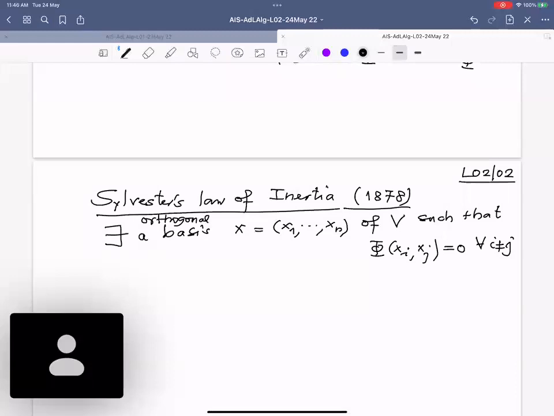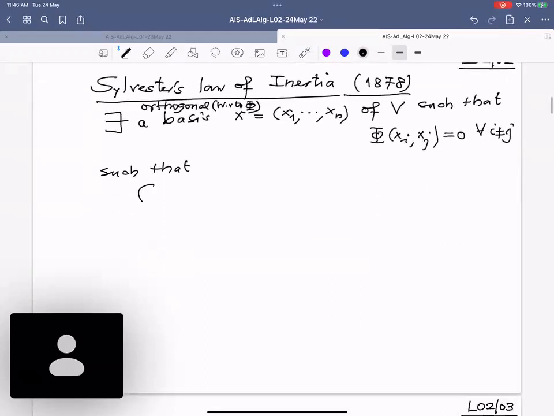You can find an orthogonal basis of V, orthogonal with respect to phi, such that the Gram matrix Gr phi X, which by definition is phi of X,X, this is the Gram matrix.